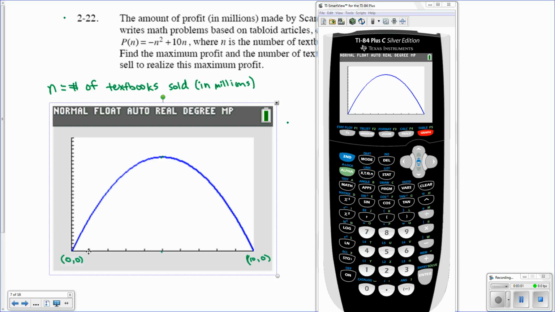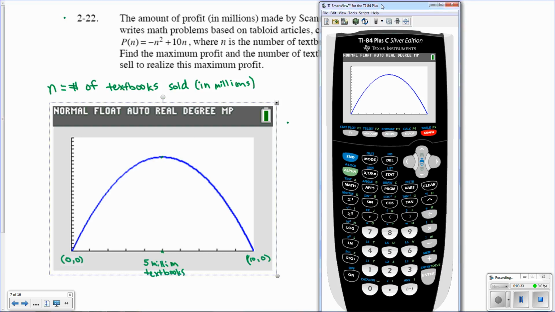And what you'll see is that's 1, 2, 3, 4, 5, so this is about 5 million textbooks. If they sell 5 million textbooks, that's the magic number they need to make the most profit. So we have to figure out what this value up here is.